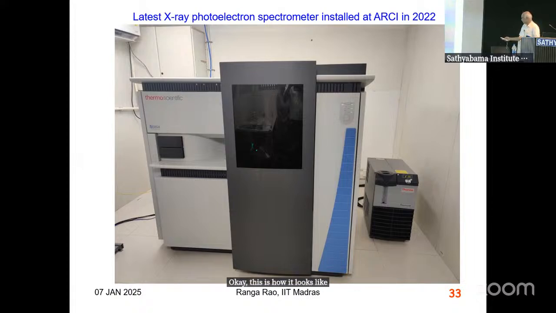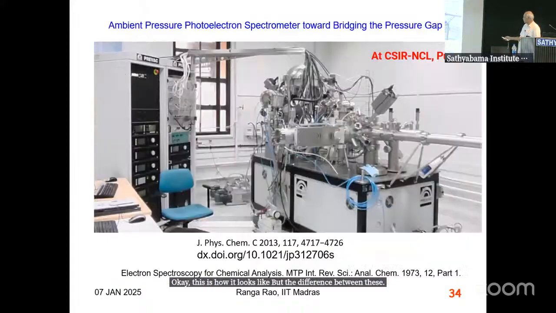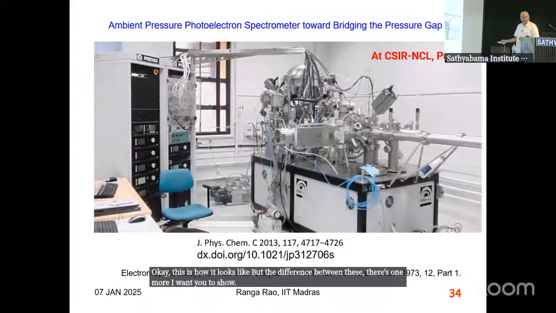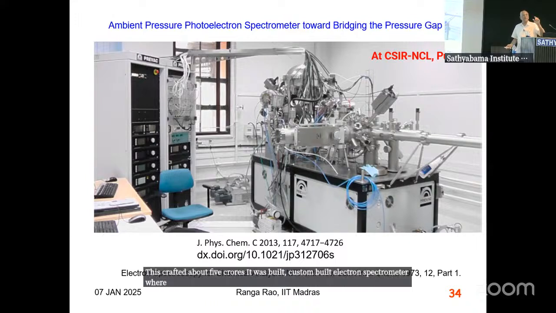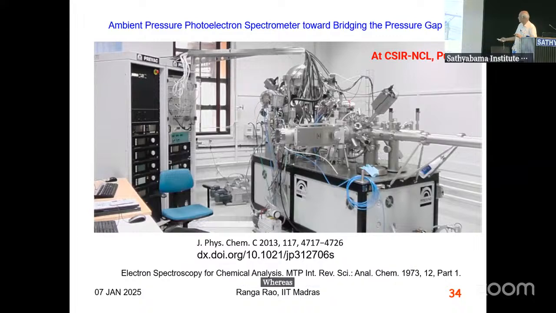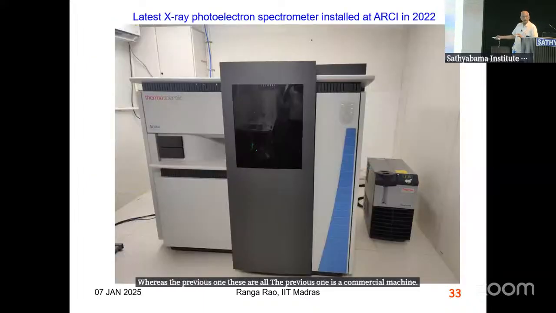But there is one more I want you to see. This is also an XPS machine. This is an experimental XPS machine built in the National Chemical Laboratory. It cost about 5 crores. It was a custom-built electron spectrometer where you can do experiments the way you want. Whereas the previous one is a commercial machine, a Thermo Scientific.